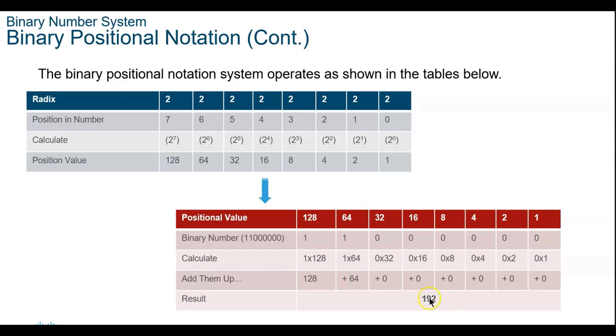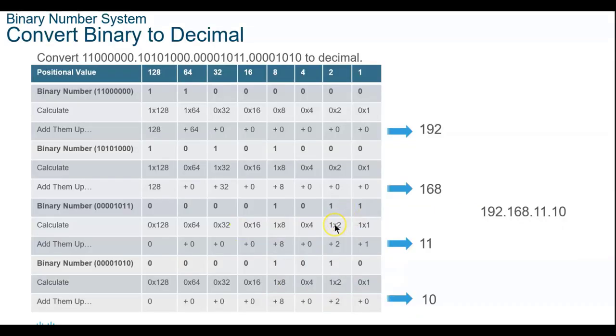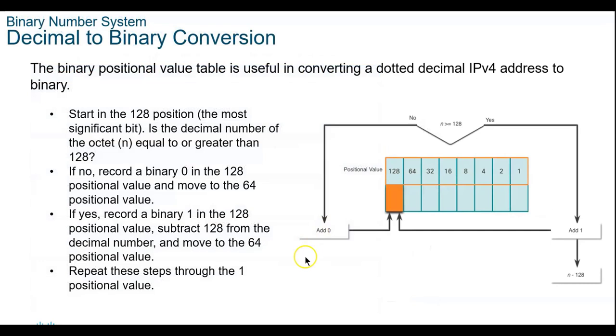192 would be considered one octet. Now there's another portion of this which we call subnetting, and then you're going to be able to see it. So this positioning value, remember this: 1, 2, 4, 8, 16, 32, 64, 128.